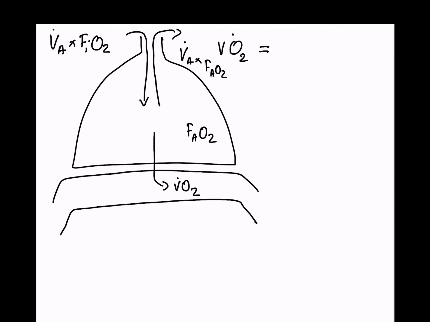Therefore, V dot O2 is simply the difference between what goes in and what comes out, because that must have gone into the pulmonary circulation for oxygen consumption.